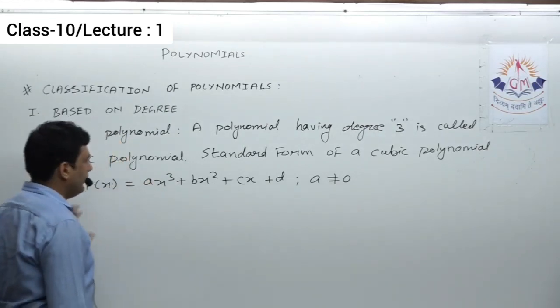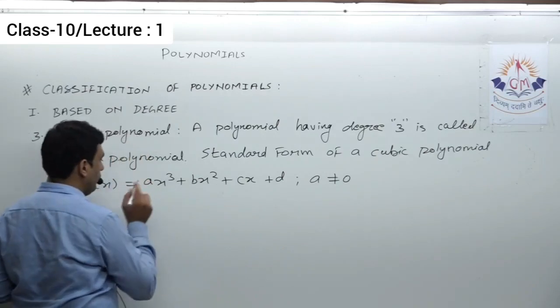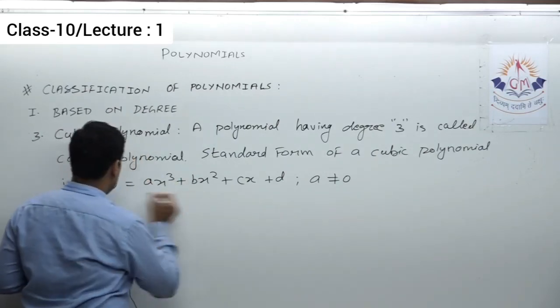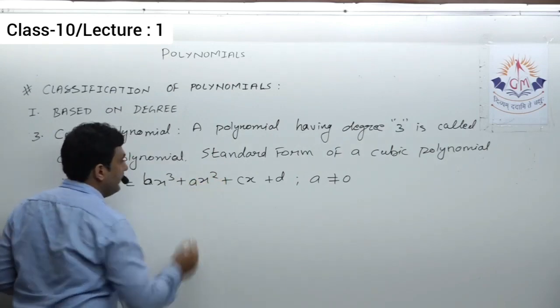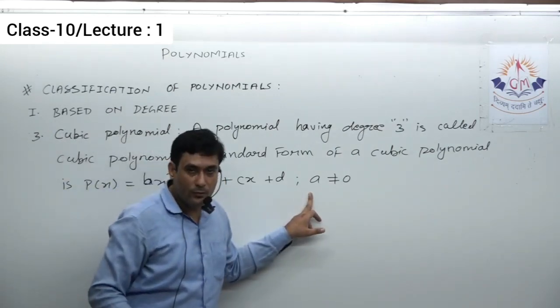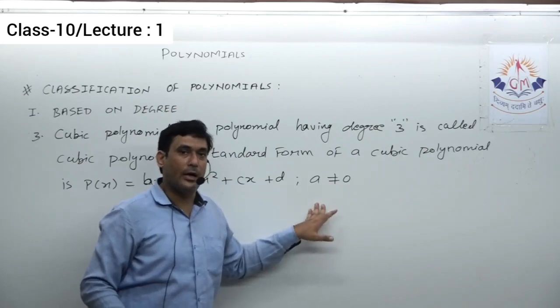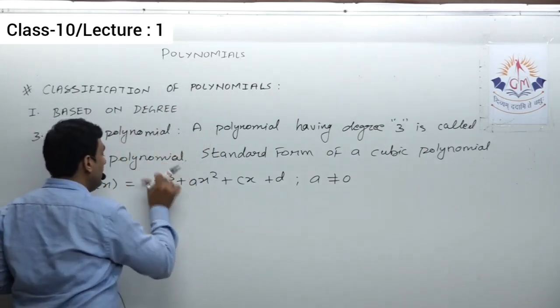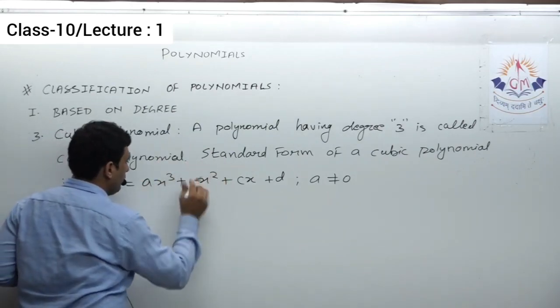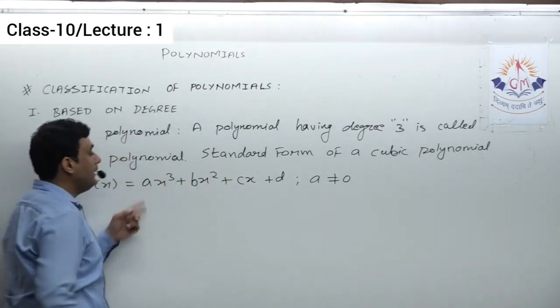Okay, now let me explain one more thing to you. Suppose instead of this I write it in this way, bx³ + ax². Then here I would write b is not equal to 0. It's not about the variable that I will always write a is not equal to 0. It is about the leading coefficient, which should not be equal to 0. So you have to take care what the leading coefficient is.